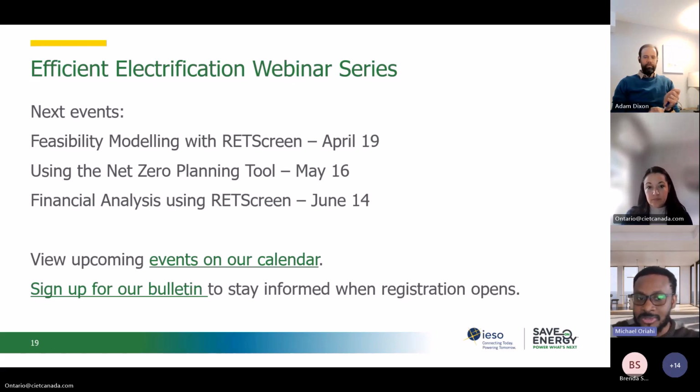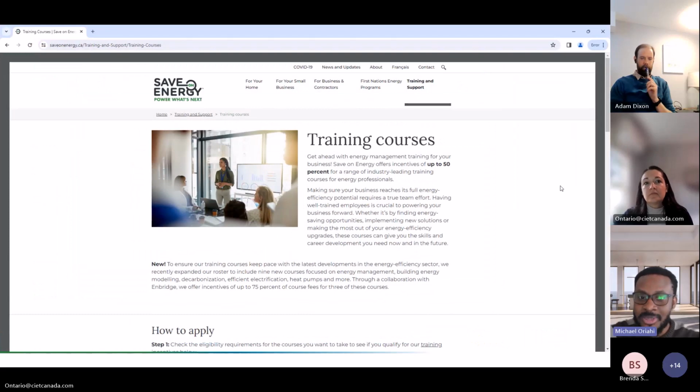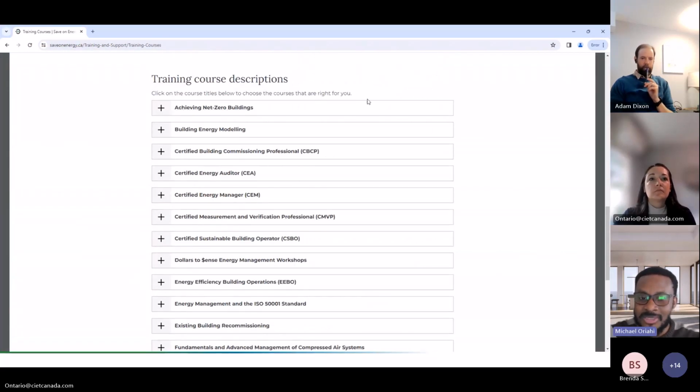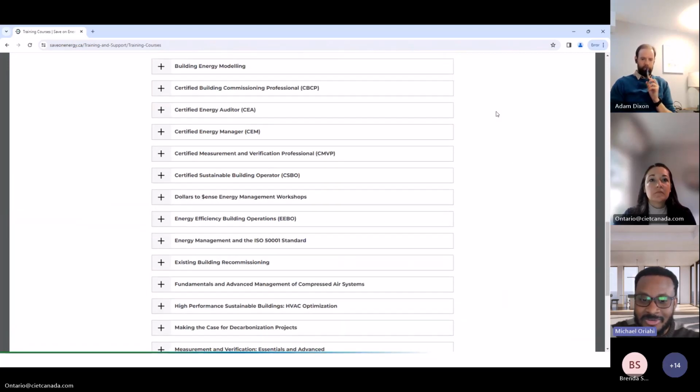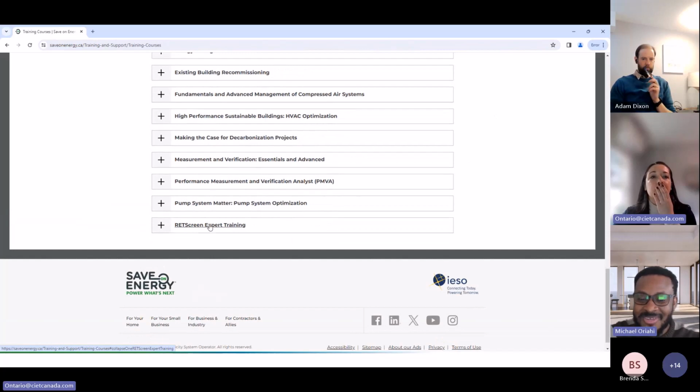If you go to the training and supports page of the Save on Energy website, you'll see what the requirements are for the incentives. I think for the most part it's you working in the sector in Ontario, but you do have to take the training, and if there's an exam associated, pass the exam, and then you could apply for the incentives.